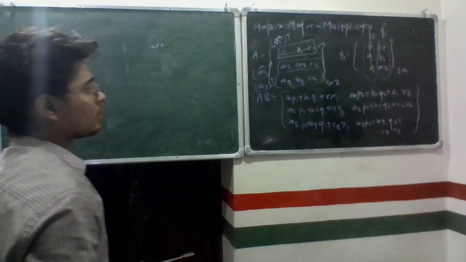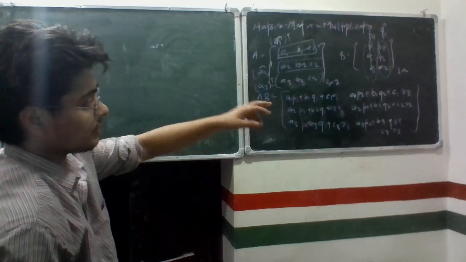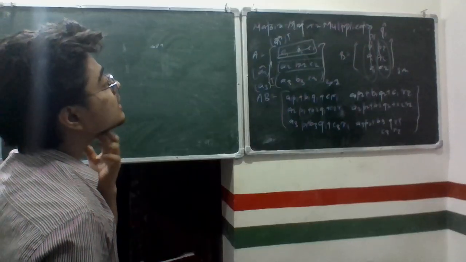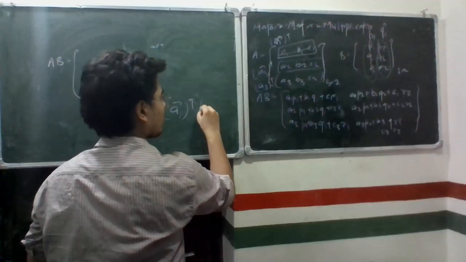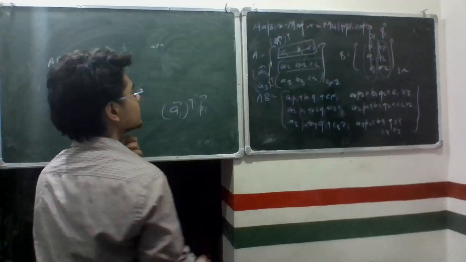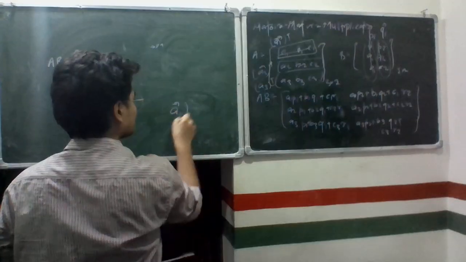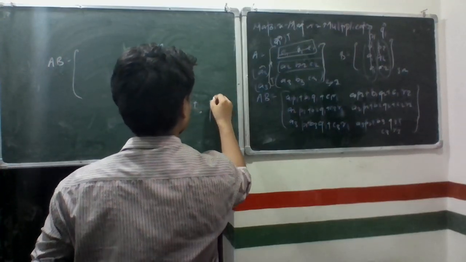in the form of linear combinations. Can we write it in this form? A1 transpose times B1 transpose.